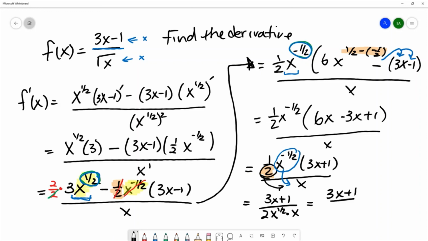And because these both have a base of x, I can combine those exponents together to become x to the 3/2. And one more thing I could do here is to change this to the square root of x cubed.